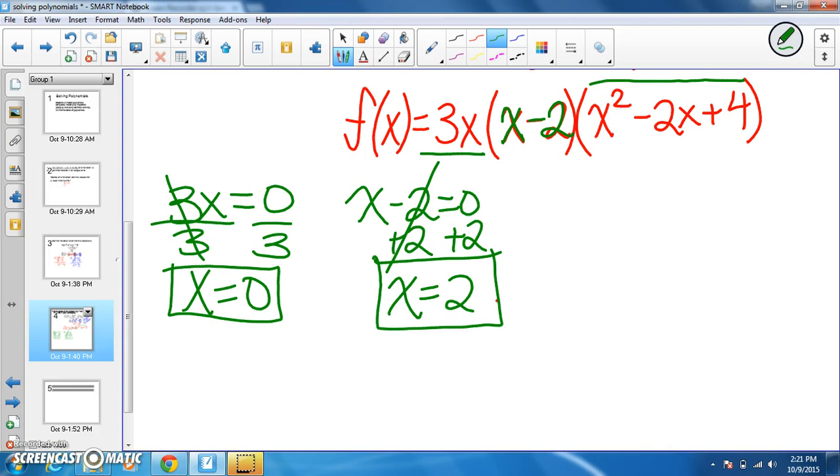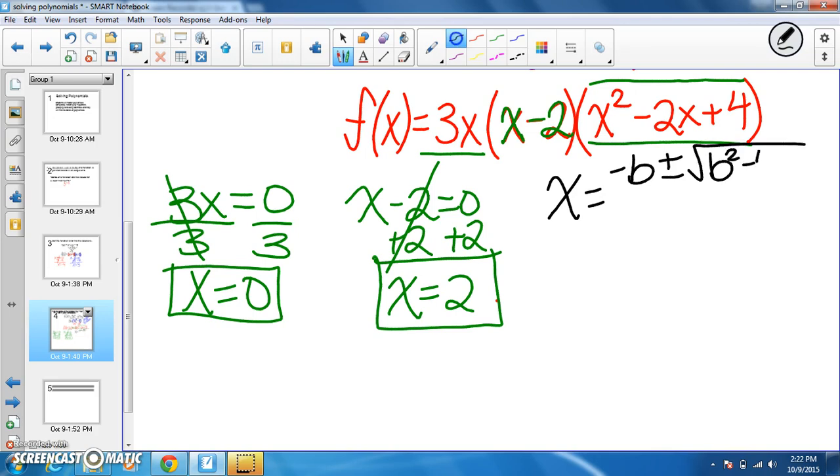To find the zeros for the quadratic factor of x squared plus 2x plus 4, we have to use what we learned in Algebra 1, the quadratic formula, which is x is equal to negative b plus or minus the square root of b squared minus 4ac all over 2a. So we're going to plug in our values of a, b, and c from our quadratic formula.